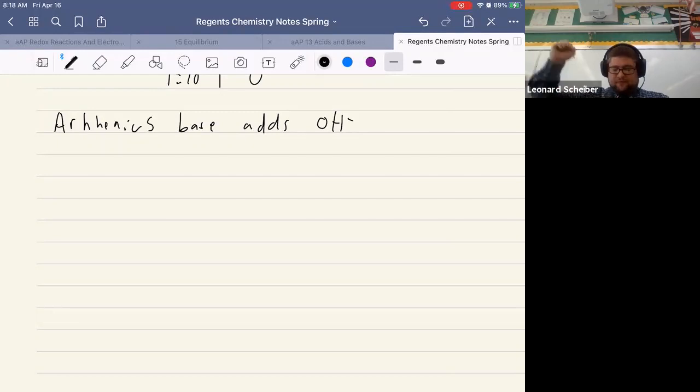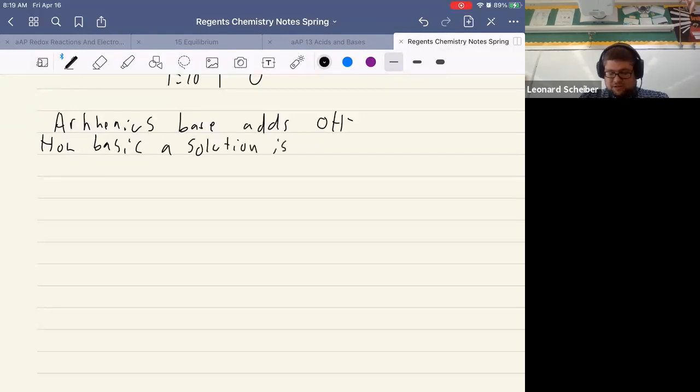So if an Arrhenius base adds OH minus, we can say that how basic a solution is can be measured by the concentration of that OH minus.